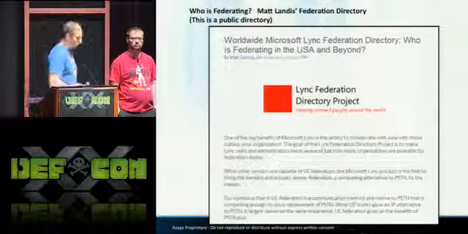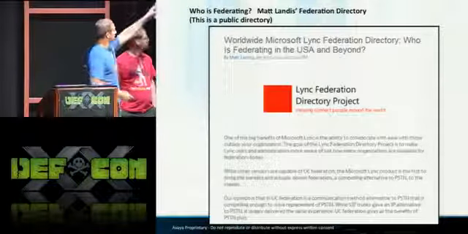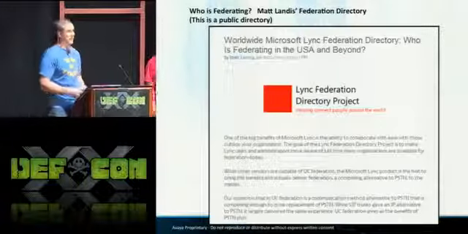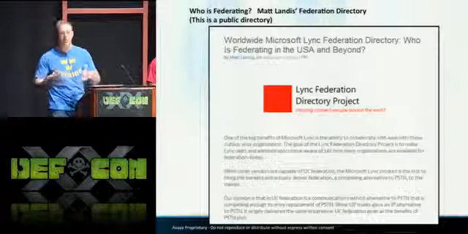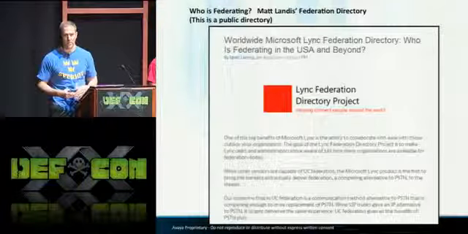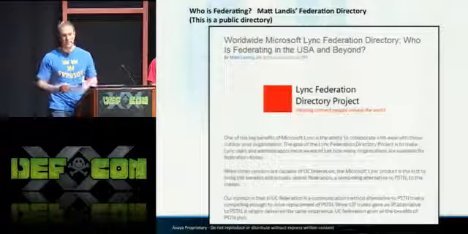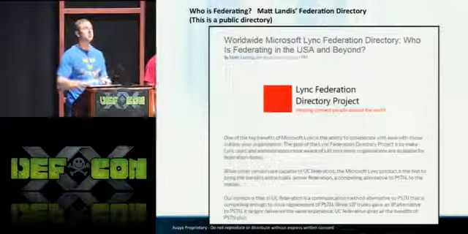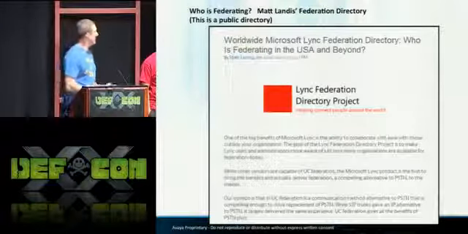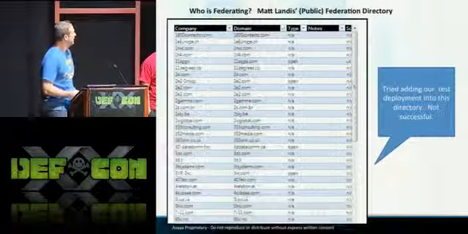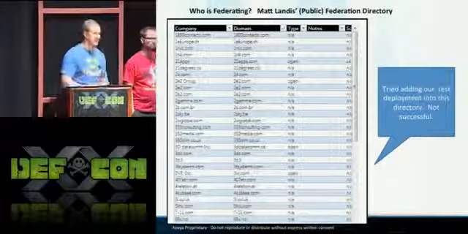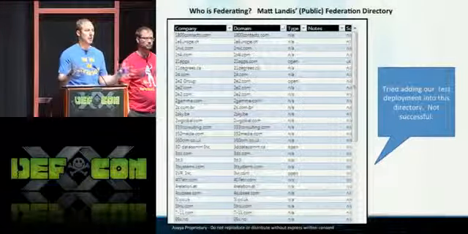And what's going on here in the industry? If you look at this guy here, Matt Landis, he's published a public federation directory. What they're doing is they want to create education and awareness with other Link users, with other Microsoft UC users, to let other people know who's doing federation. So he published this directory, and with Karl and Bill and myself, we set up our own Microsoft UC honeypot.